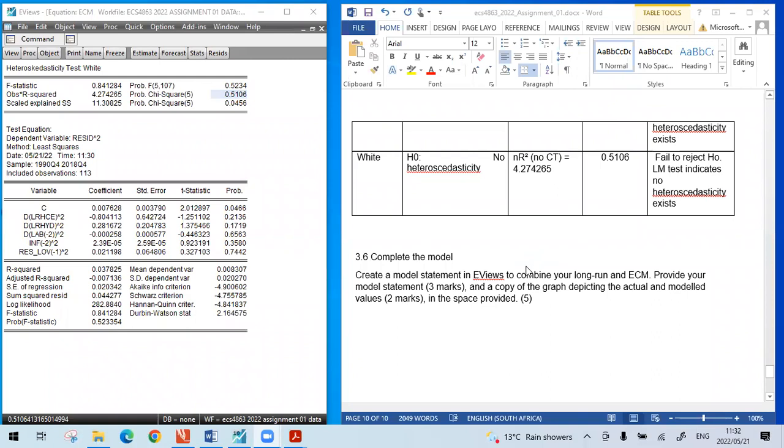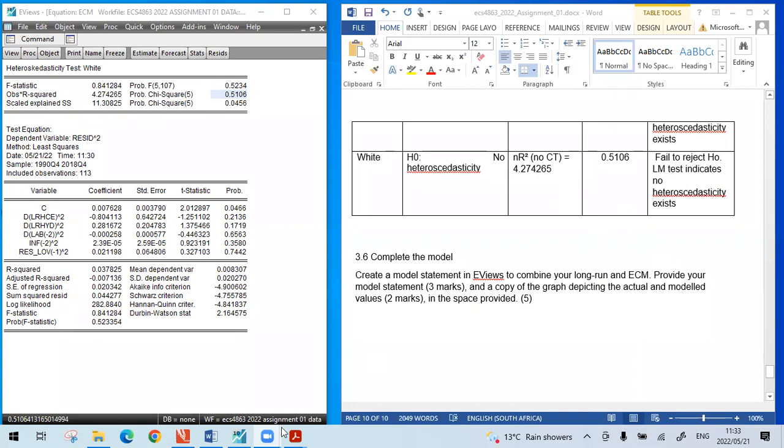Create a model statement in eViews to combine long run and ECM. Provide your model statement, copy and paste, and a copy of a graph depicting actual and modeled.